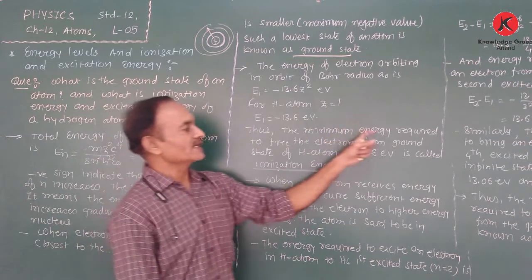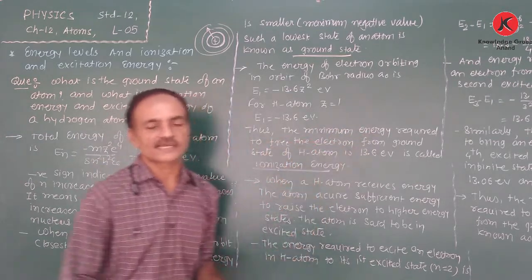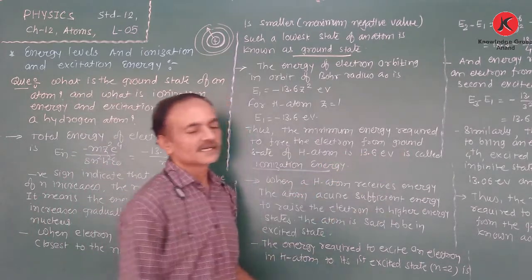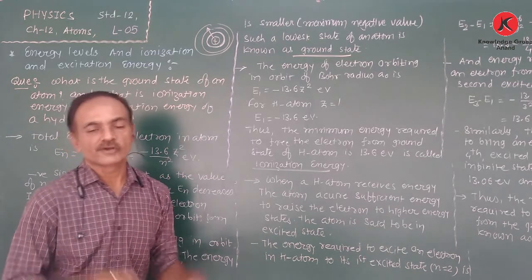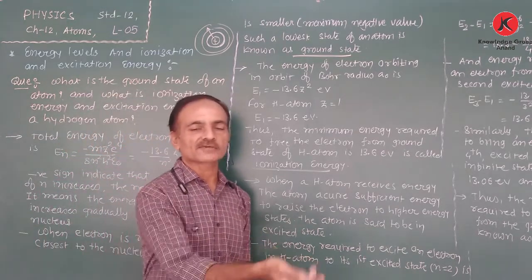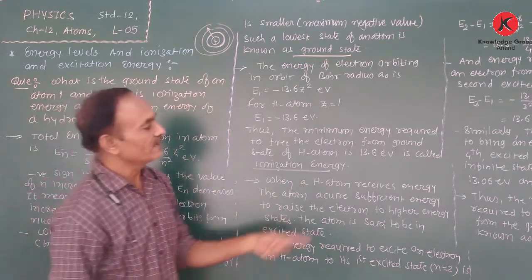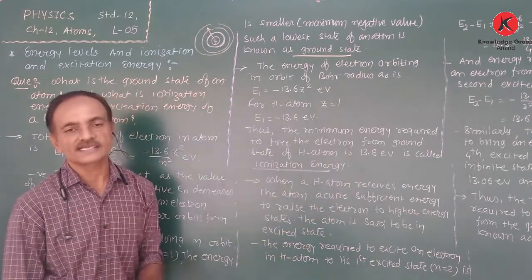Thus, the minimum energy required to free the electron from the ground state is 13.6 electron volt, which is known as the ionization energy. To remove the electron, a positive ion is produced from the atom. So the minimum energy required to remove the electron is known as the ionization energy.